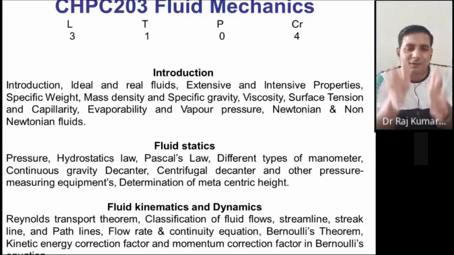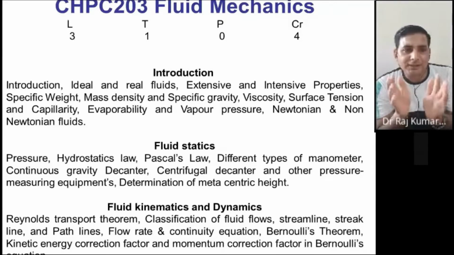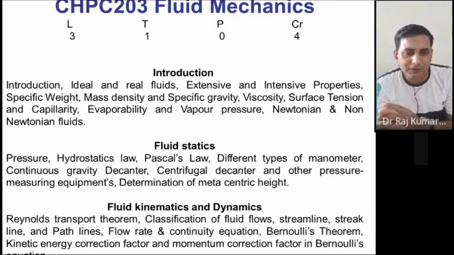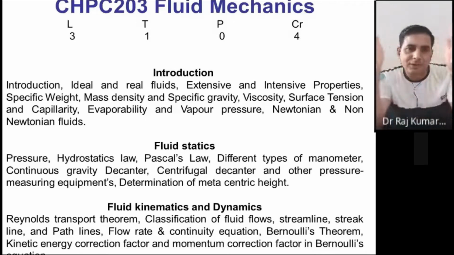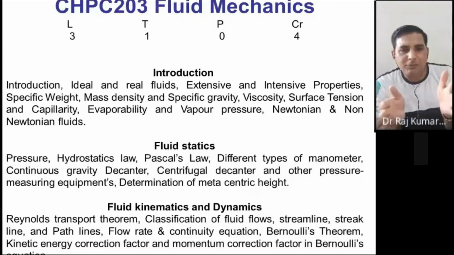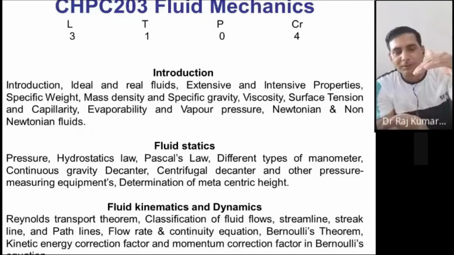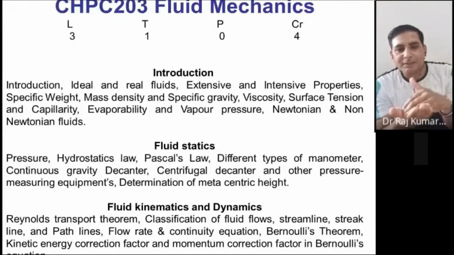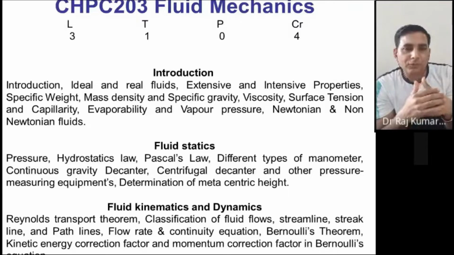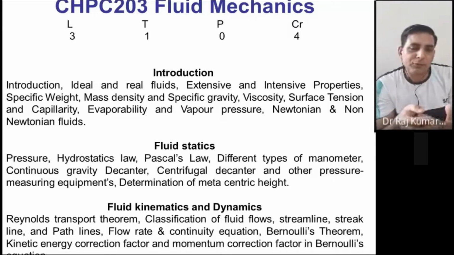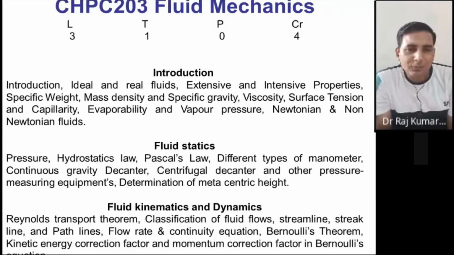You have filled it once. Now you want to analyze it. What will happen to that particular fluid? How much pressure would it create on the walls of the container? How much pressure would it create at the bottom of the container? And what flow would come out from there? Because the more height you have, the more discharge velocity you get, right?